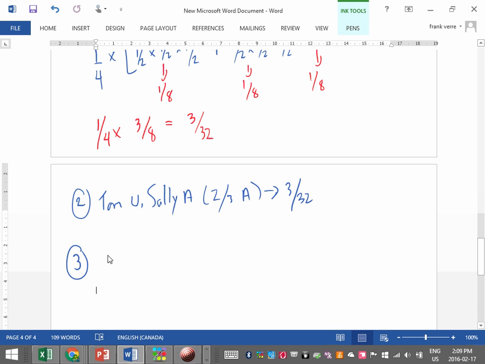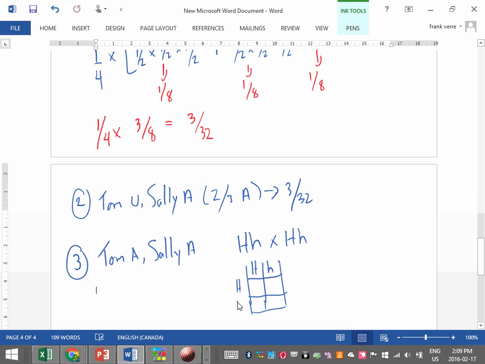In sequence 3, we have Tom is what? Tom is affected, and Sally is affected. Now, let's think about that. Tom is heterozygous. Sally is heterozygous. If we do the Punnett square, what do you get?